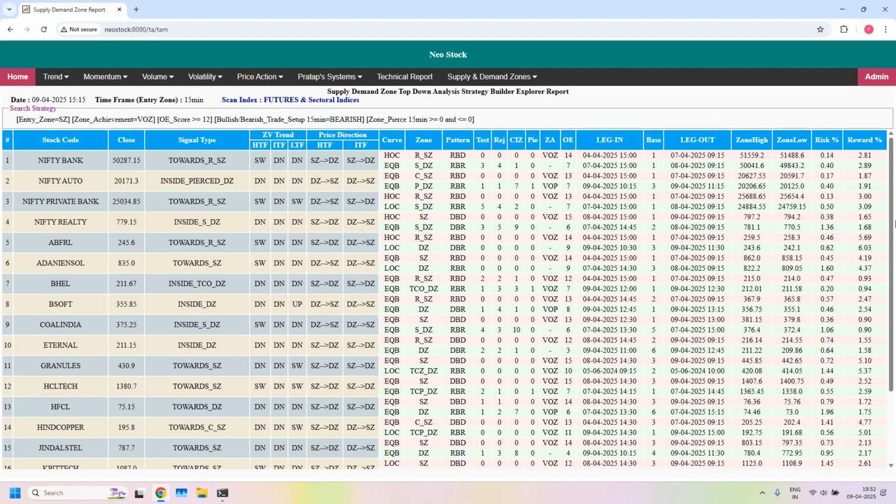All these stocks are supporting the bearish trade setup for daily income trade. Entry time frame 15 minutes, and entry zones are supply zones. So these are the first 15 stocks in the list.